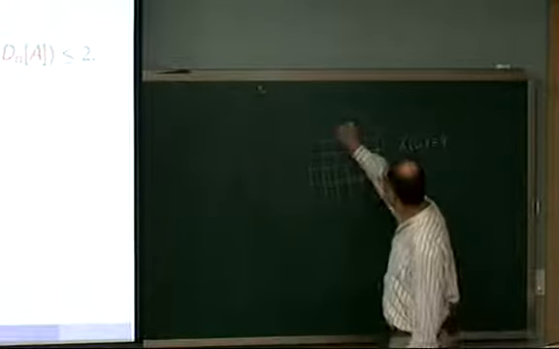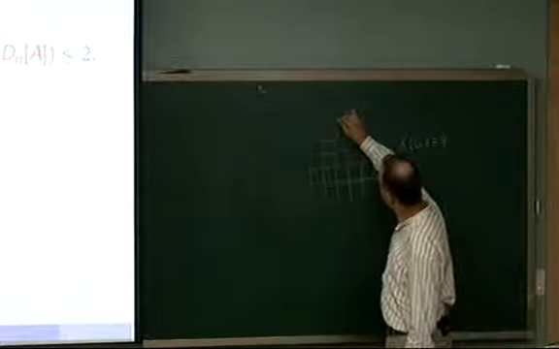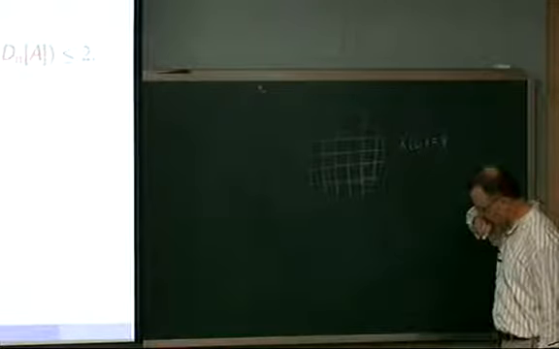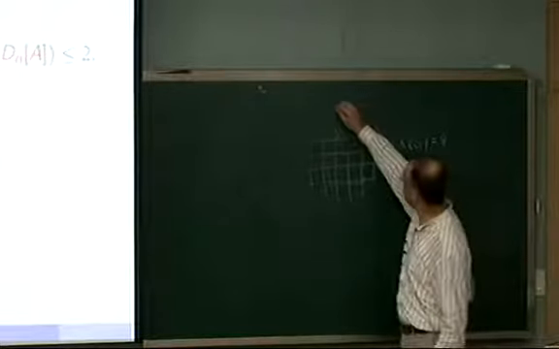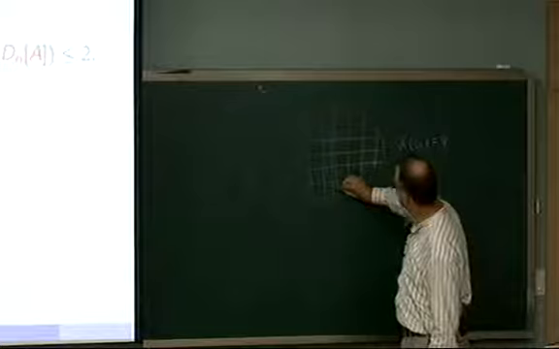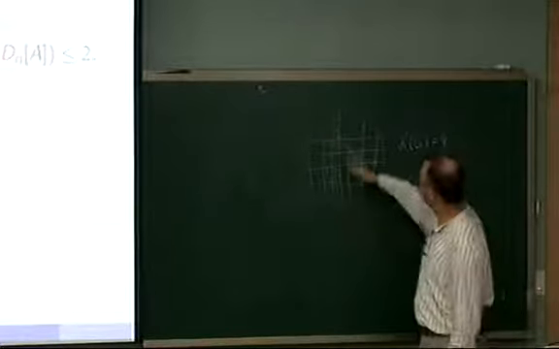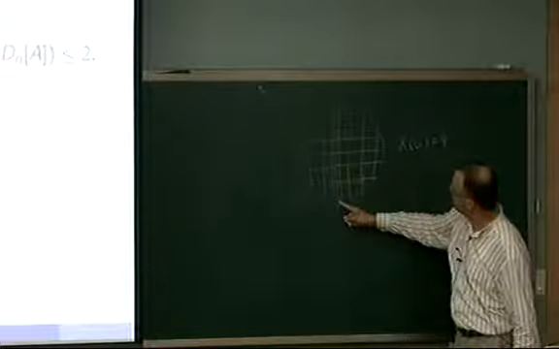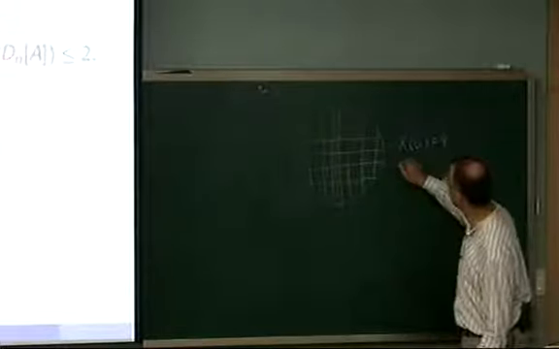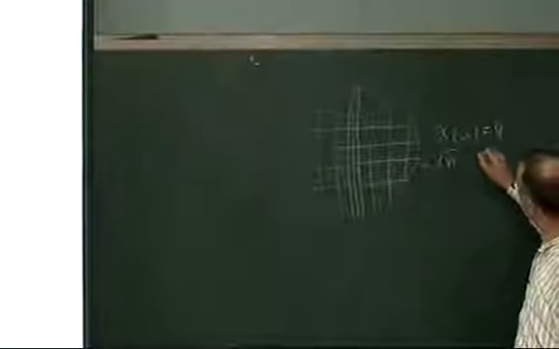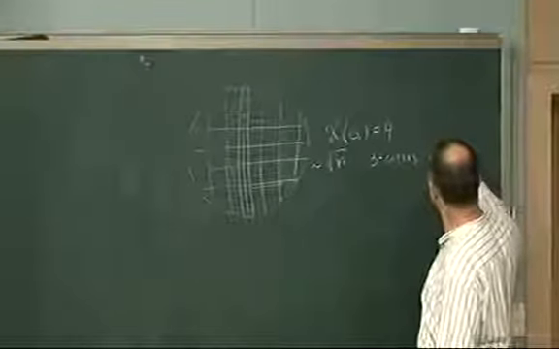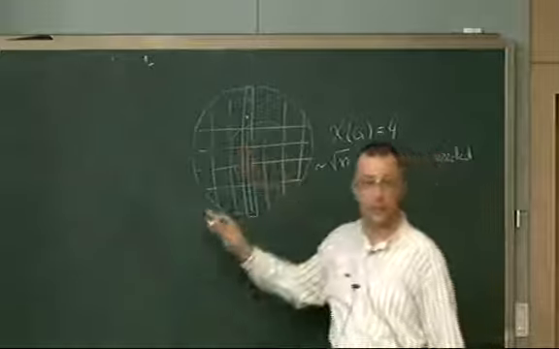Now, if you take such a cycle in this graph, it will need 3 colors. This cycle will generally have at most about square root n vertices if you have n vertices, and it will need 3 colors because it's an odd cycle.